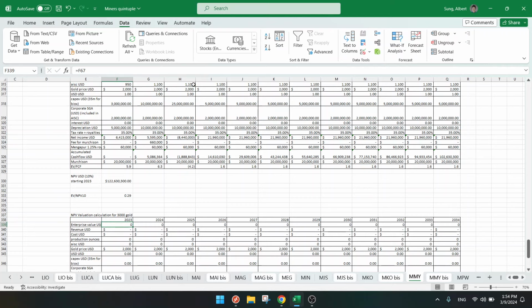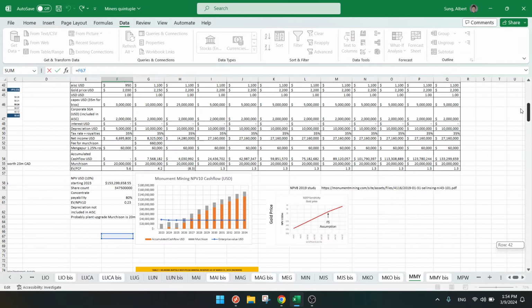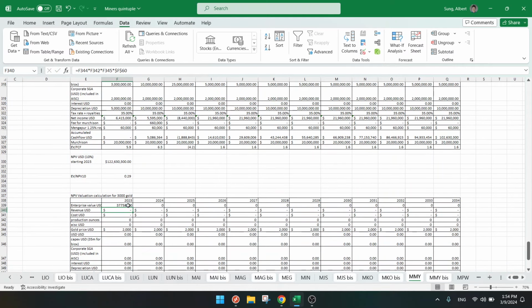Okay, so this is referring to the wrong thing here, so we need to do it back like this and just update everything. Revenue is correct, I think.